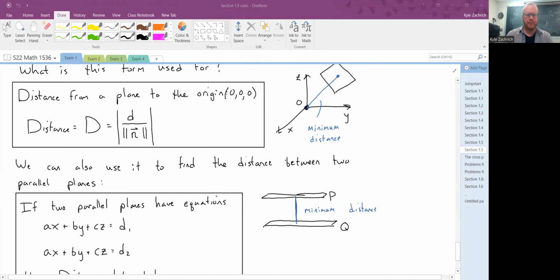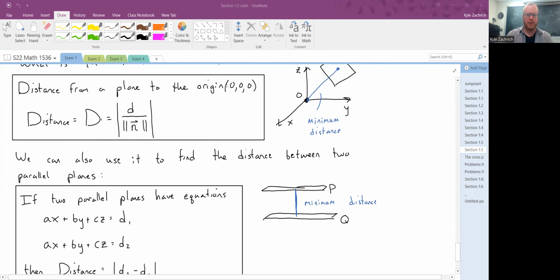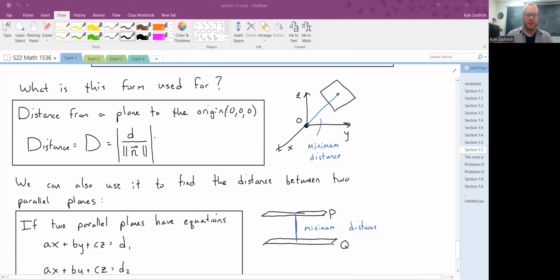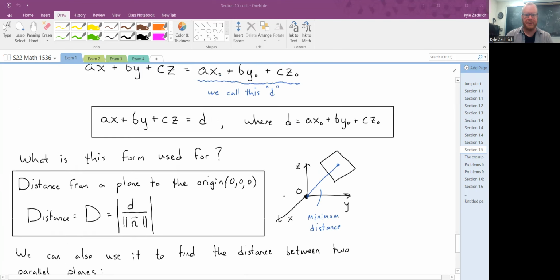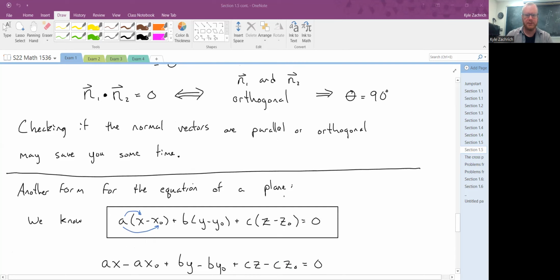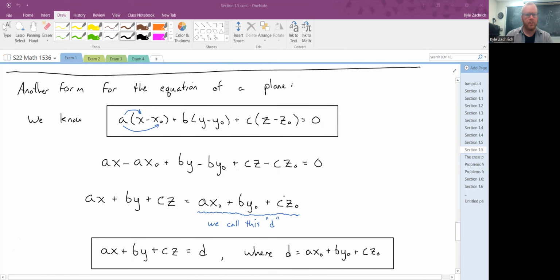And then you've also got this equation for the distance from a plane to the origin and the distance between two parallel planes on there. So I'll start with a little discussion about plane equations and the normal vector, and then hopefully that'll be enough to help you through these examples here.